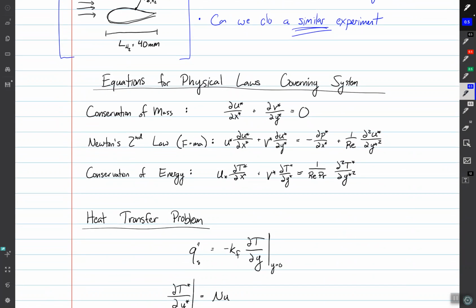The different physical laws or physical equations that we've talked about, which are governing the fluid flow and the heat transfer in this situation, are conservation of mass, Newton's second law, conservation of energy. So these are really what is governing the physics of the system. These are the important equations.